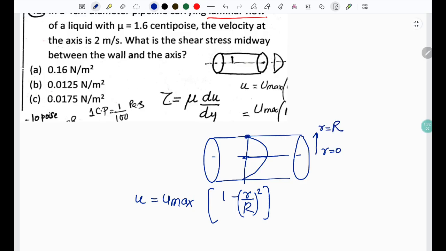The velocity is 0 here and it is max here, U max.